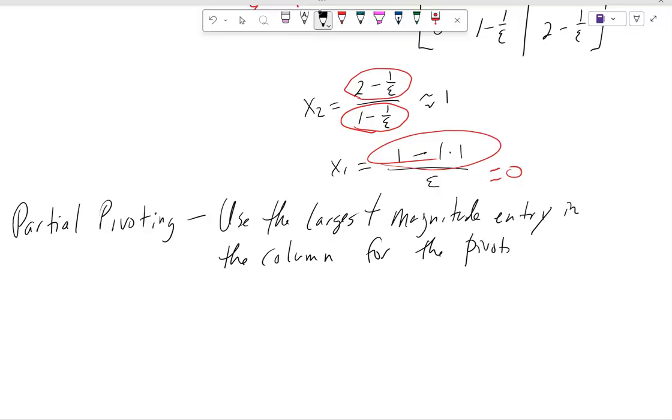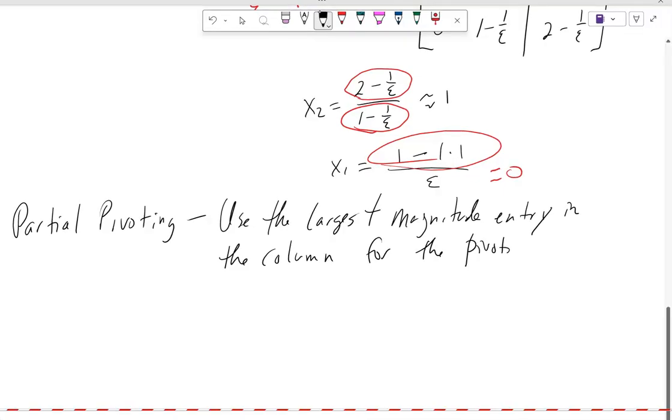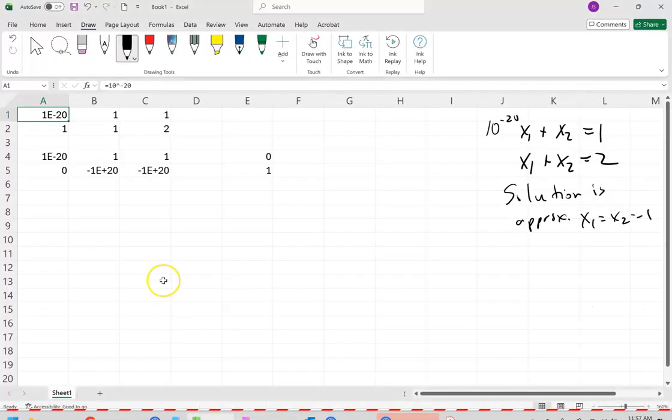Okay, so let's see how that would work just in Excel real quick, if we had flipped it to start with. Go back over here. This should all be the same because I just copied everything down and did the multipliers off there. So I should be able to change my system and it should give me the results.